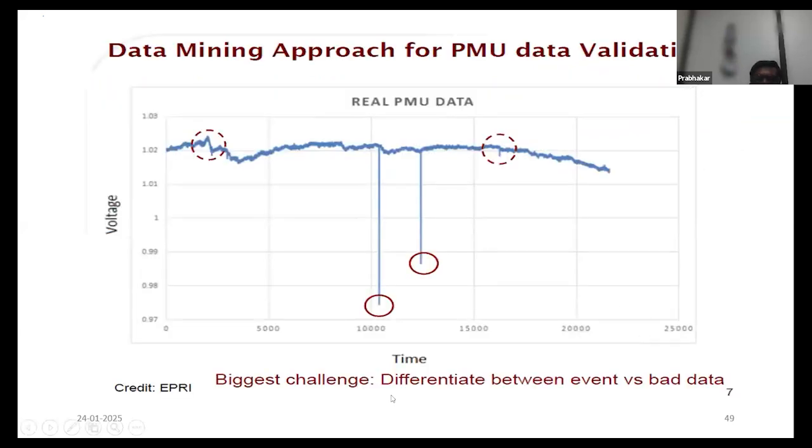So this is what I said, the biggest challenge: the data mining approach for PMU data validation. You can see some data have come down. So probably you can see this data here also. Okay, so is it really bad data? When you start processing with that, there's a debate. Data is always data, so we should include it.